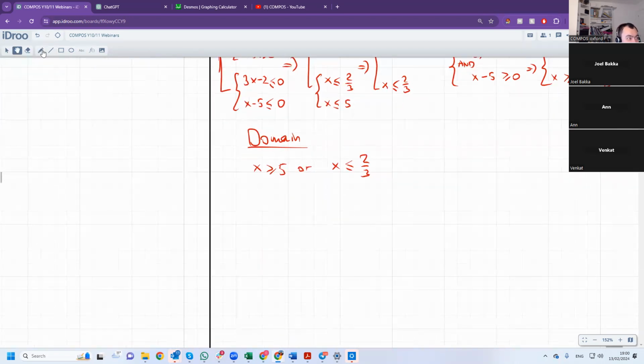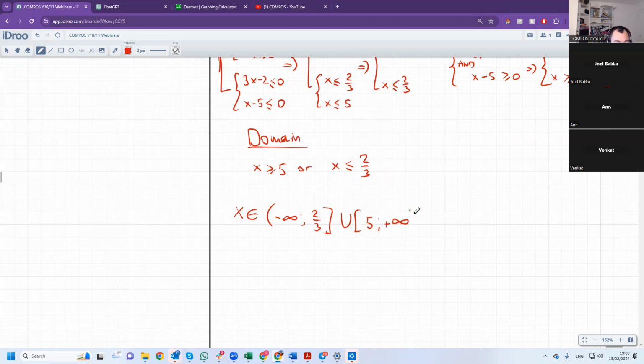In maths, we would write that as: x belongs to the set from minus infinity to 2/3, square bracket, because including 2/3, union from 5 to plus infinity.